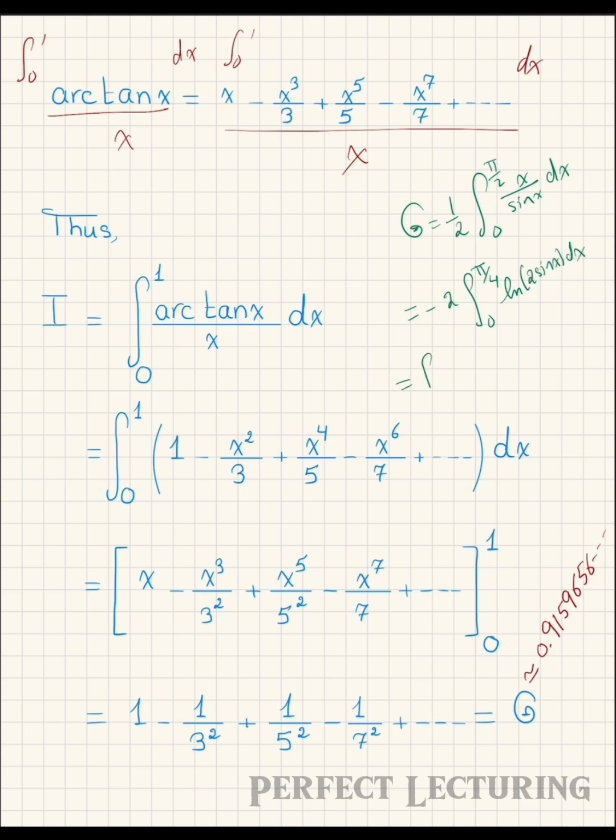It's also equal to the integral from 0 to infinity of arctan of e to the negative x dx, and also equal to the integral from 0 to pi over 2 of sinh inverse, or the inverse of the hyperbolic sine of sine of x dx, and really so many more.